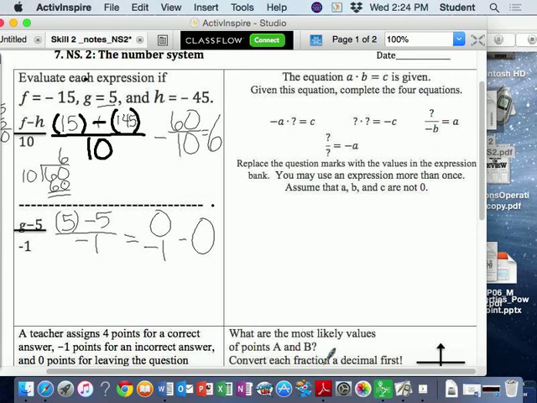Now, this one says the equation A times B equals C is given. Given this equation, complete the 4 equations.